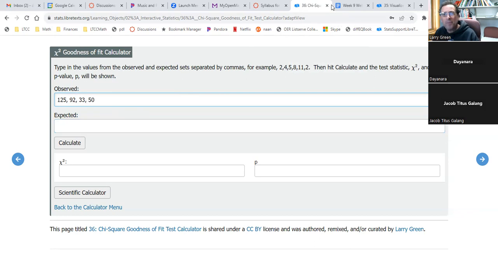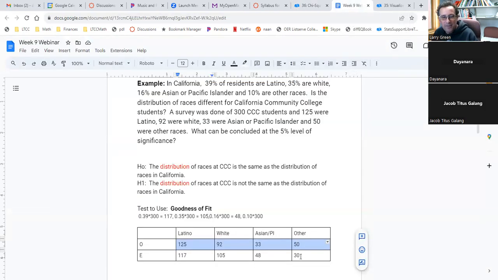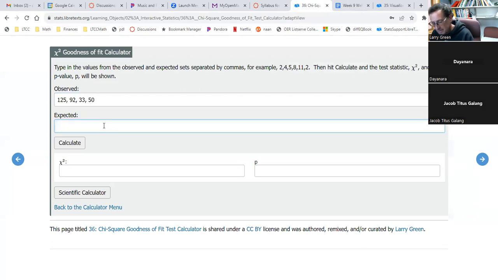And then it says, what are the expected values separated by commas? For that one, I'm going to copy and paste the expected row and separate them by commas. Any questions so far? Okay, then I hit calculate.